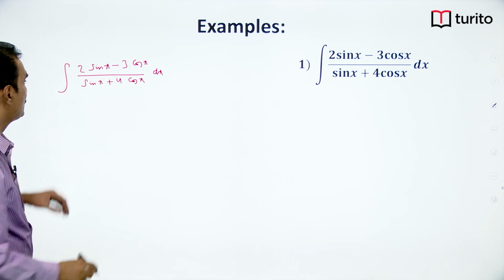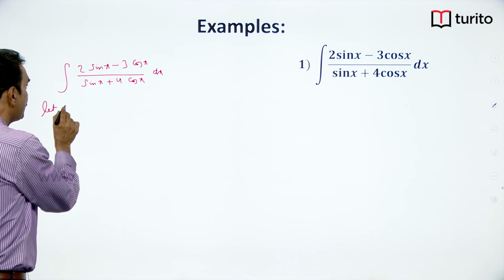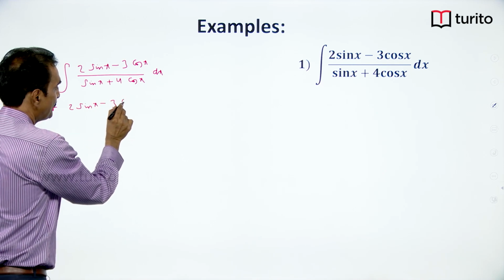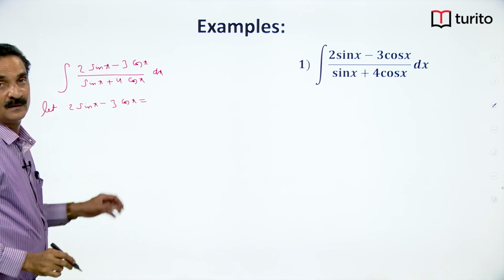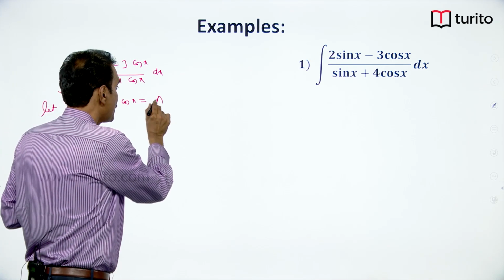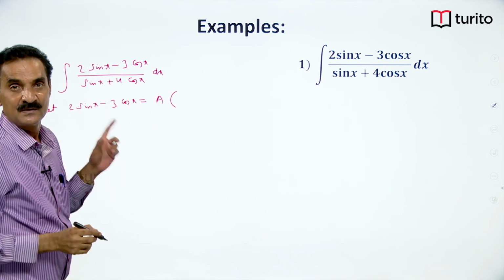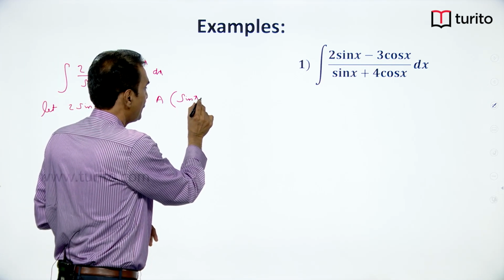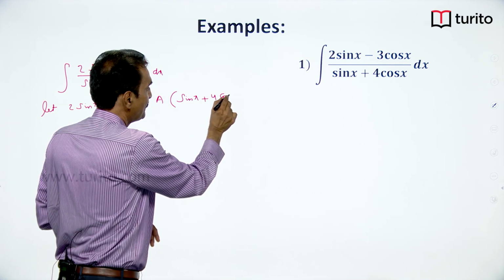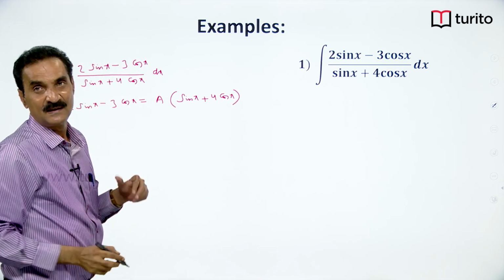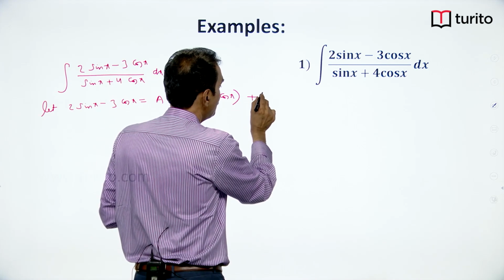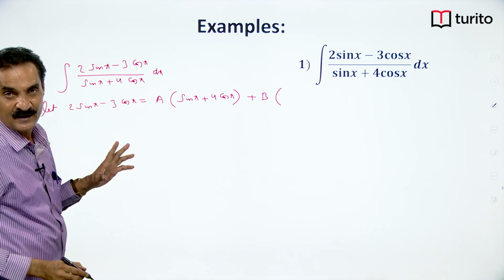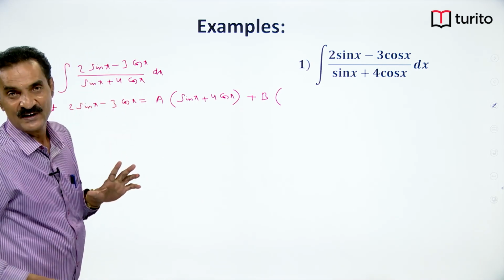Let the numerator be equal to a constant a into the denominator sin x plus 4 cos x, plus another constant b into, I will directly write the derivative of the denominator, cos x minus 4 sin x.